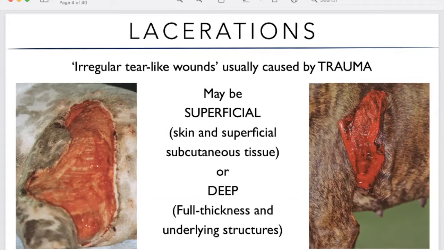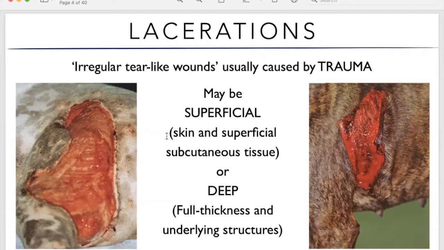Very common for those, not just dogs and cats, but also in the farm animals, na sumasabit sa mga barbed wire na fences, sumasabit sa parts of the chute or parts of the restraining devices, especially if they are led to pasture by themselves, right? So it's a very common complaint, kumbaga, pagdating sa large animals, but it can also happen in dogs and cats, right?